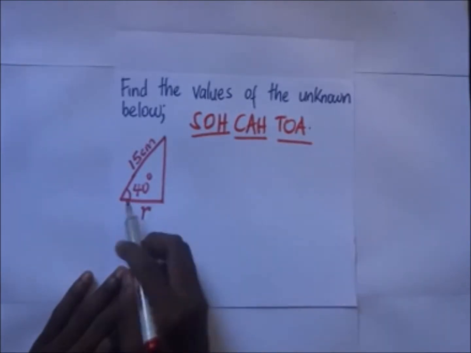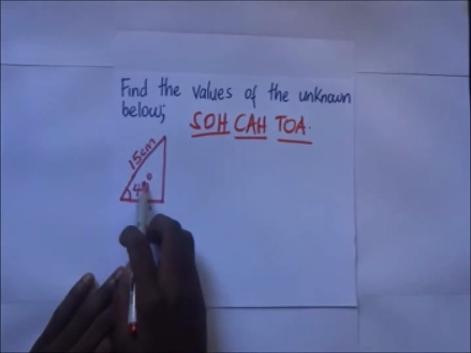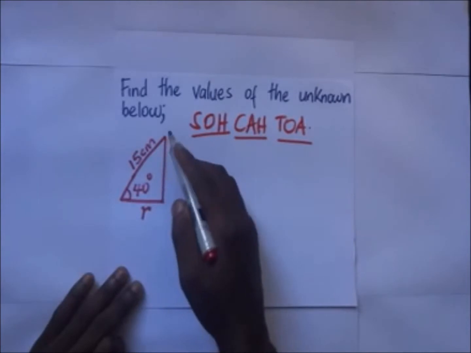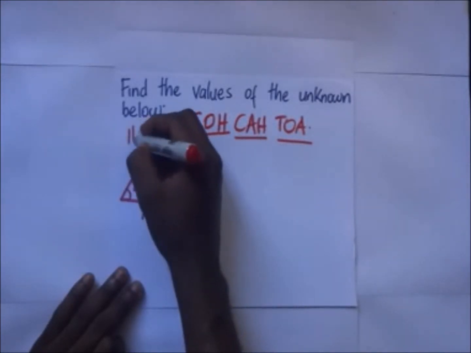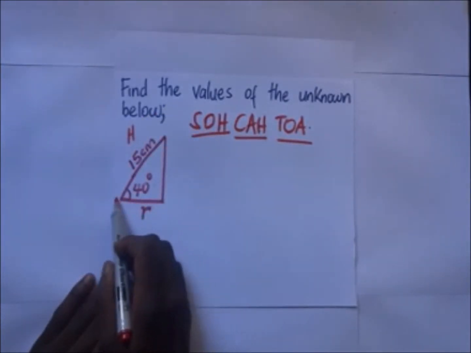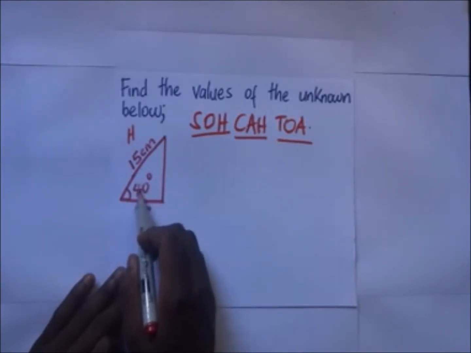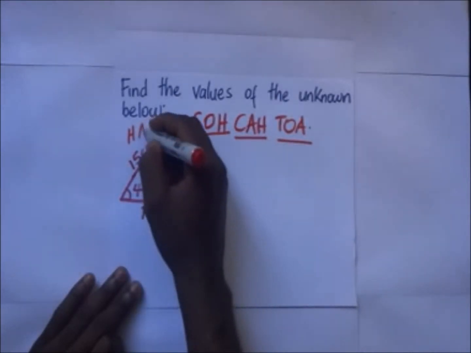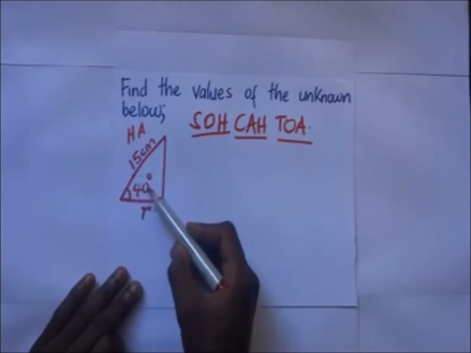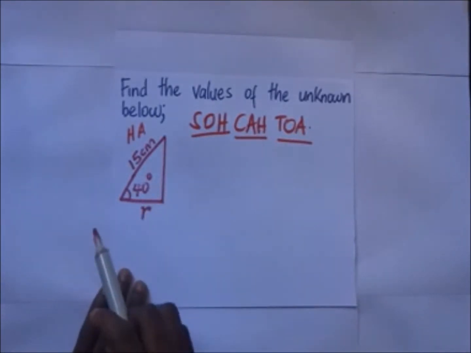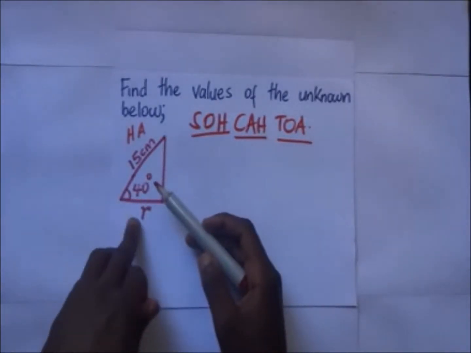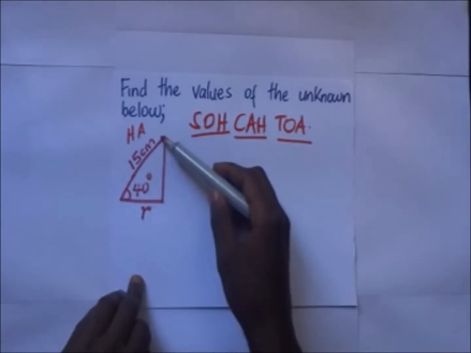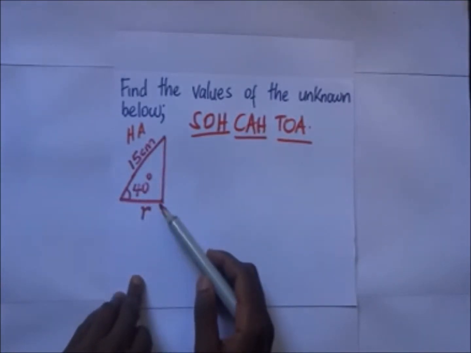We have an angle theta, we have the hypotenuse, and r is adjacent to angle theta. So we have the hypotenuse and the adjacent.